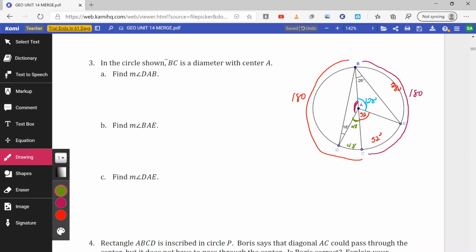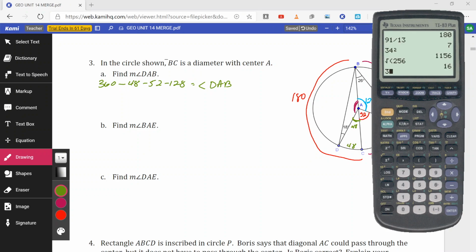So we know our DAB is going to be 360 minus the 48 minus the 52 minus the 128. So we do the subtraction piece, and we get an angle measurement of 132 degrees.